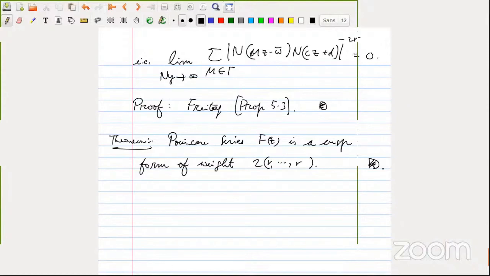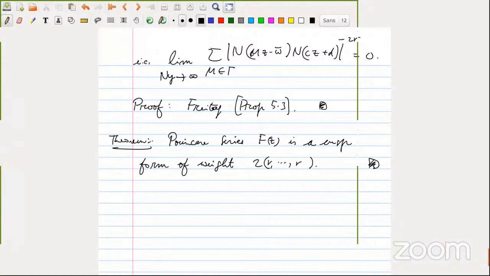Okay, so I just have 15 more minutes maybe. So there is a well studied Hecke action on Hilbert modular forms.